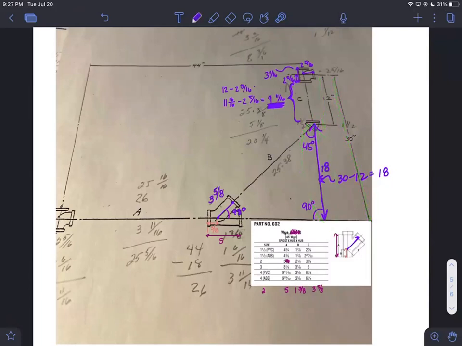Okay, again, 45, 45 triangle, that means that this distance also has to be 18. Because it's a 45, 45.